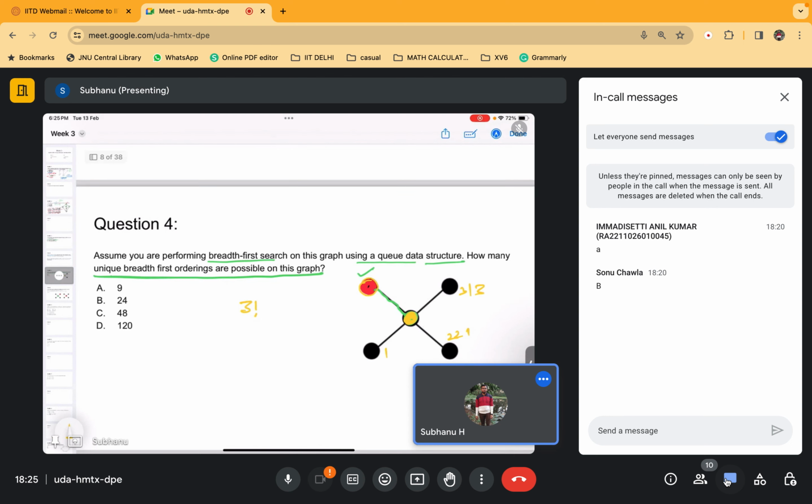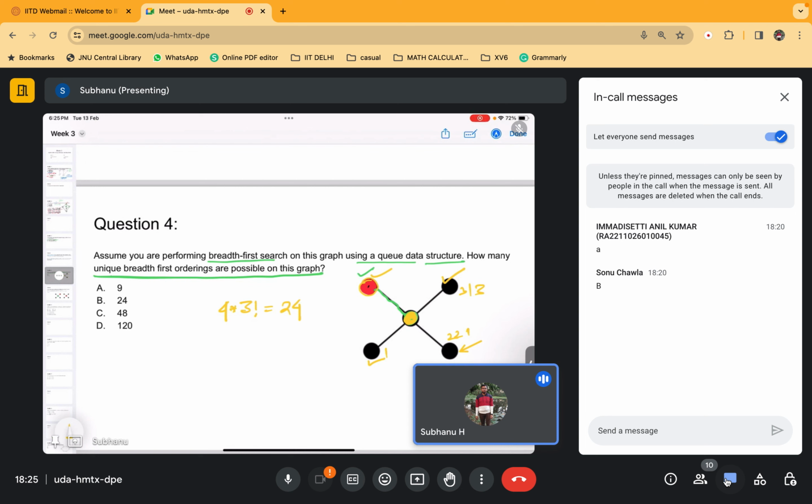You are starting from this node, but you could have started from this node also, or this node, or this node. So that's why the total is 4 into 3 factorial. So what will be the answer? 24.